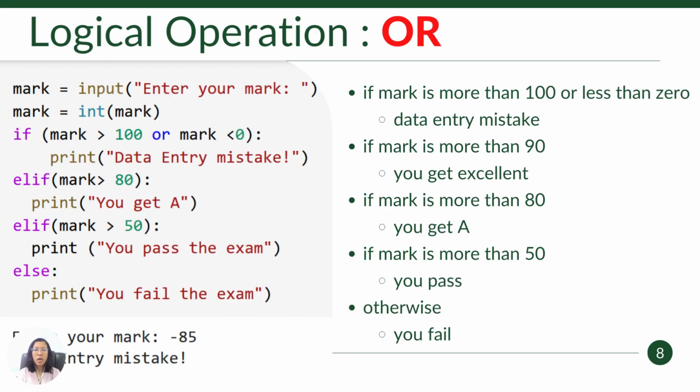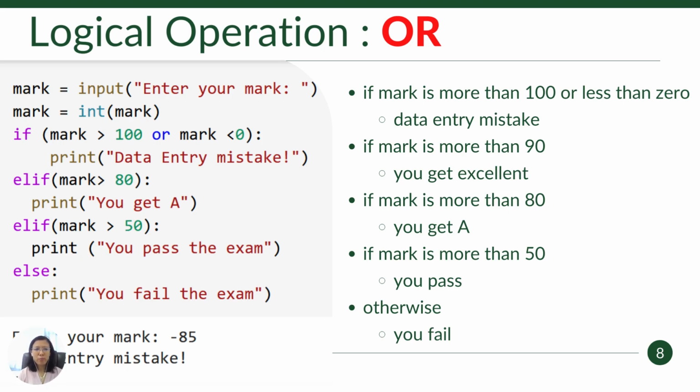Now let's look at logical operations. Just now we put our score to be greater than 80, greater than 50. But in our logical way, we know that our score cannot be more than 100 or less than 0. If the score is more than 100 or less than 0, the user entered the wrong data.